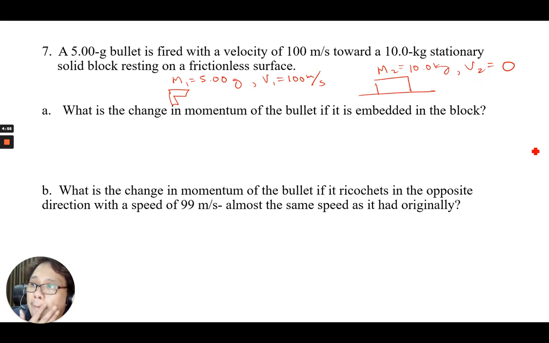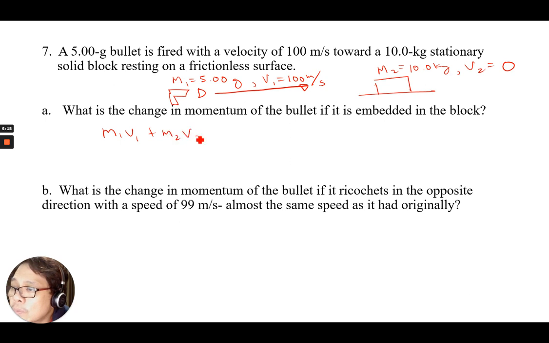And then what happens is after they collided, it stops. It's embedded, so we assume that there is no motion after the collision. So this is our bullet heading towards the block. We do M1 V1 plus M2 V2 is equal to, it's embedded, so they combine, M1 plus M2 times V prime.